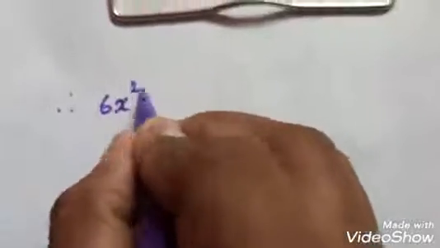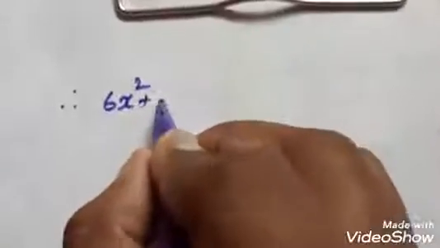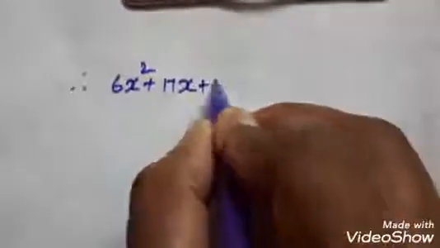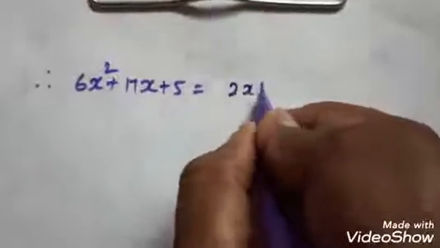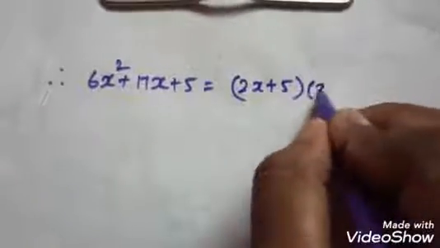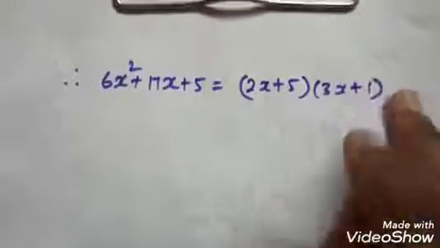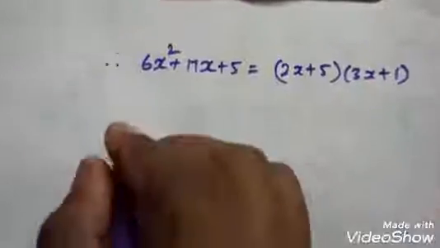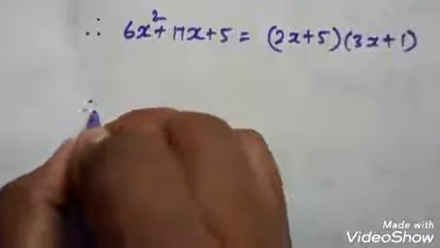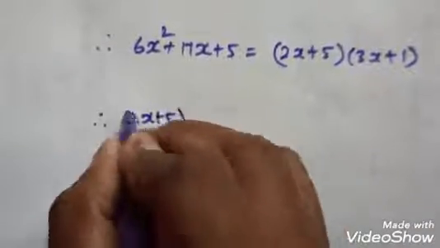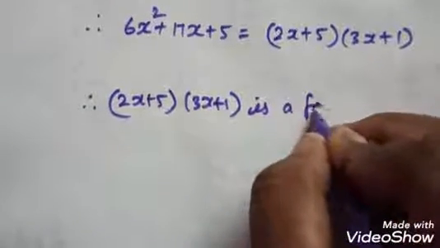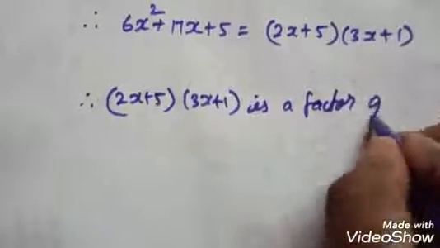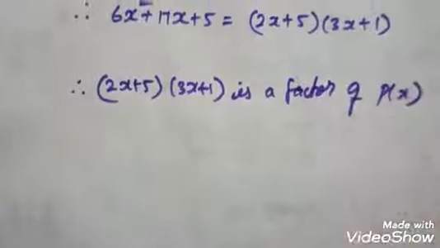Therefore, by using factor theorem, 6x square plus 17x plus 5 is equal to 2x plus 5 and 3x plus 1. Therefore 2x plus 5 and 3x plus 1 are factors of P of x.